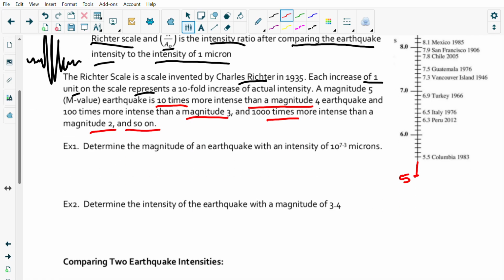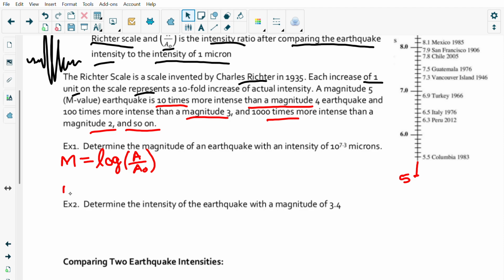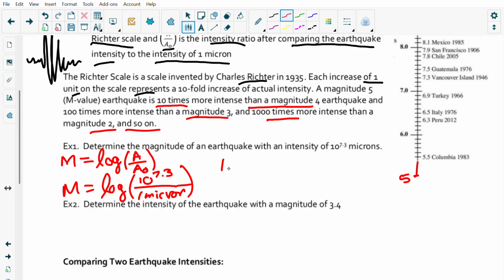Determine the magnitude of an earthquake with an intensity of 10 to the 7.3 microns. So I need to set up my equation. M, magnitude, equals log of A over A naught. I'm plugging my values in, and I turn it into exponential form.